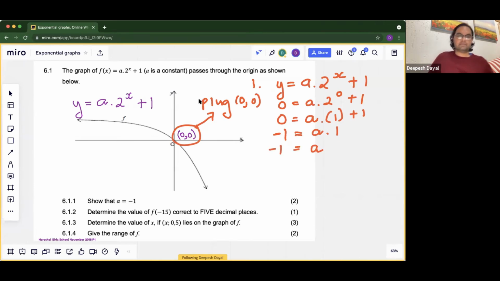And that's the answer. Okay. Any questions regarding this one? A equals -1. So we have the equation now. We can rewrite the equation as y equals -1. Okay, that's crashing a bit there. Let me fix that.